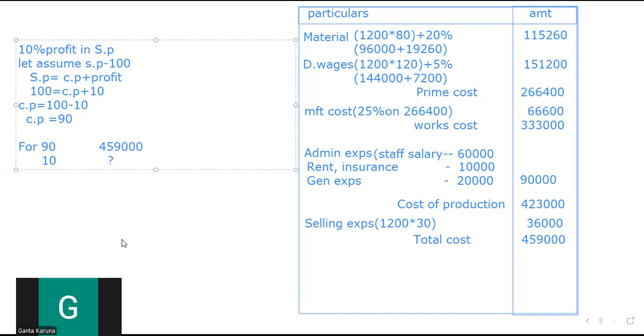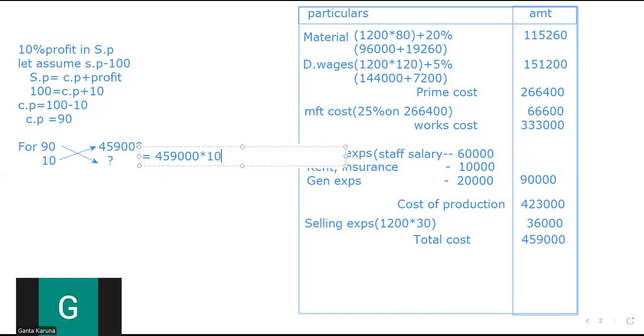So I'm just putting a cross multiplication. So here I'm just crossing the lines for the cross multiplication. So therefore, it is going to be calculated as 4,59,000 into 10, which is divided by 90.